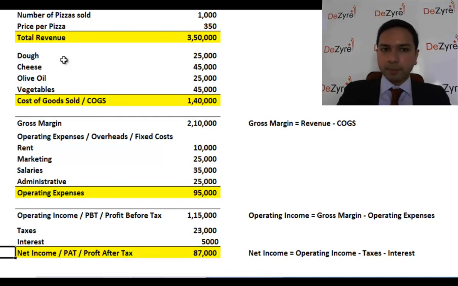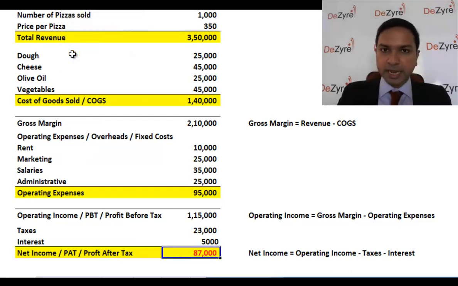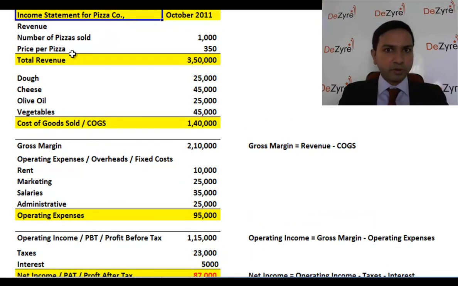But let's assume a company had a loss. Let's say in this case, instead of an 87,000 rupee profit, it was actually an 87,000 rupee loss. You would make that red color. So you would say, my company is in the red. I'm trying to figure out how to get the company out of the red. That's commonly used colloquially.